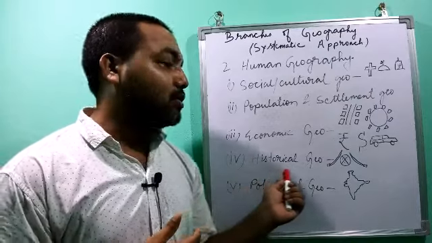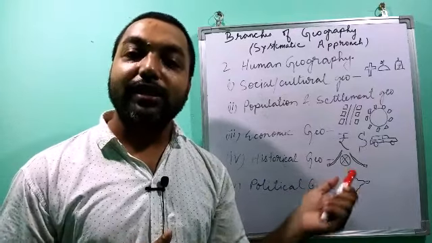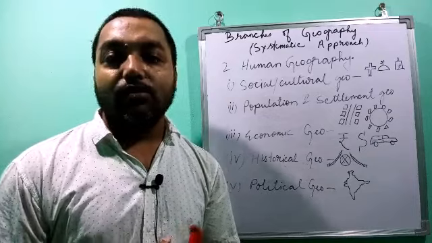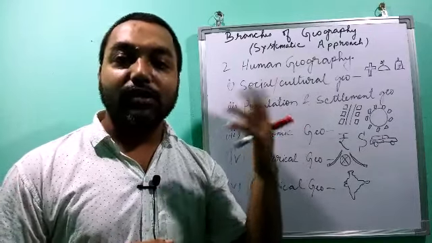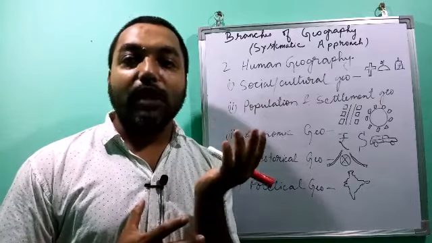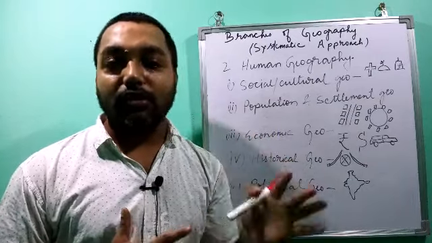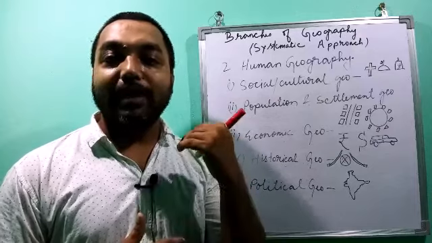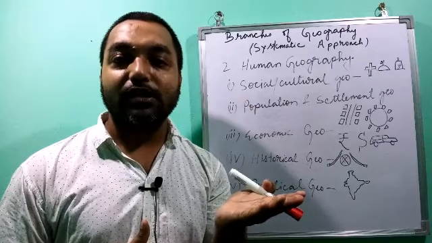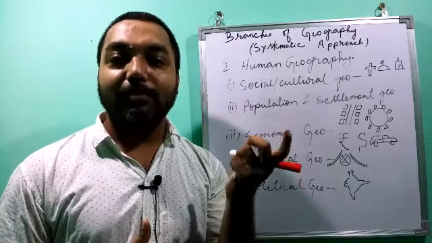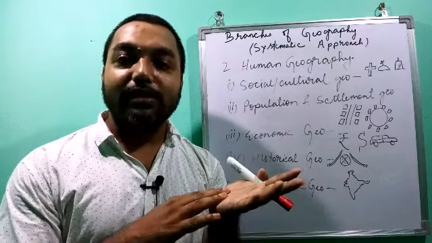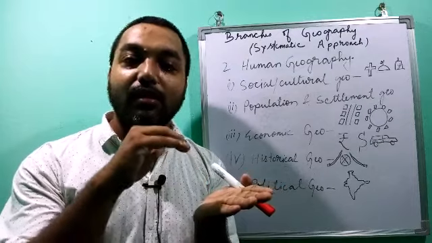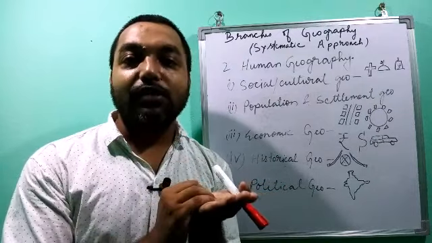Next, historical geography. We need to study the history of different places. Here history does not mean about the kings and queens, what wars they fought, where they went. It is the history of a particular physical feature, or of a particular culture or tradition found in a particular place, or of a certain custom found in a particular place.